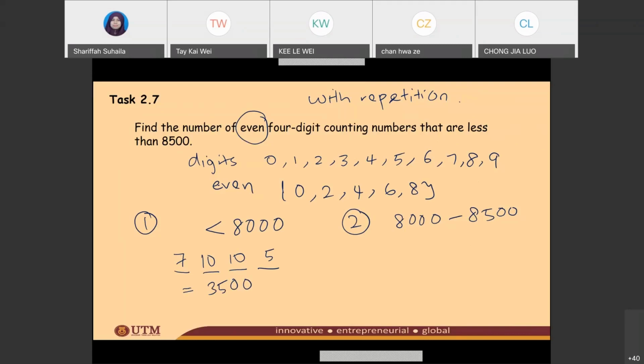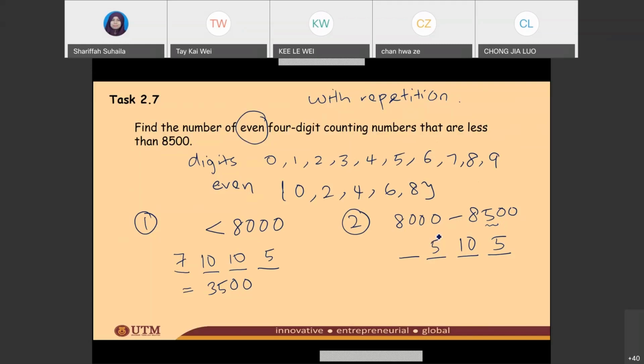Now you consider between 8,000 and 8,500. Again, the last value is an even number, which is 5 possible values. The second digit, that is 10 digits, the same thing. Since we have 8,500, what should the third digit be?